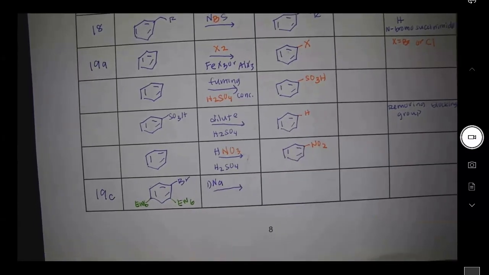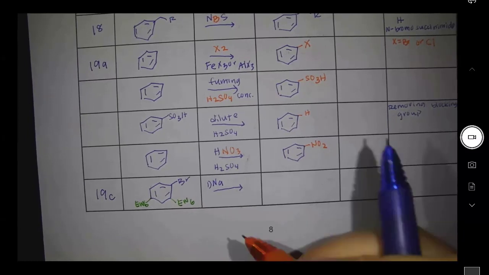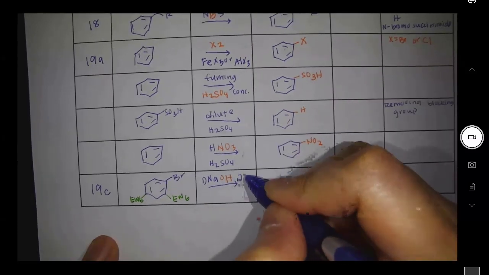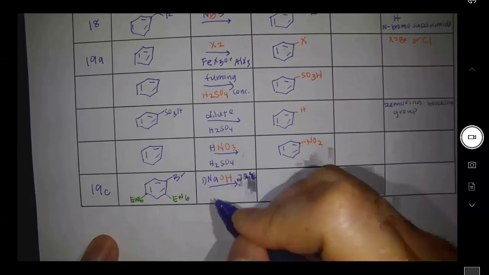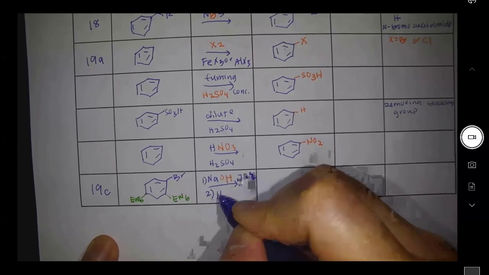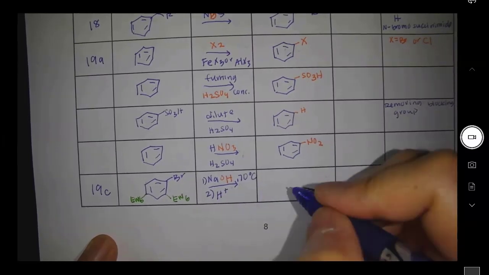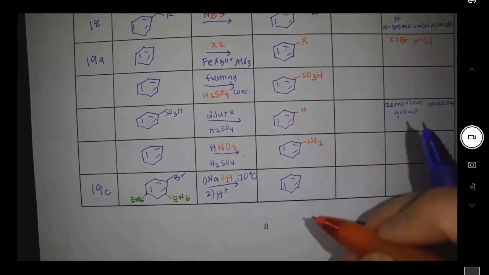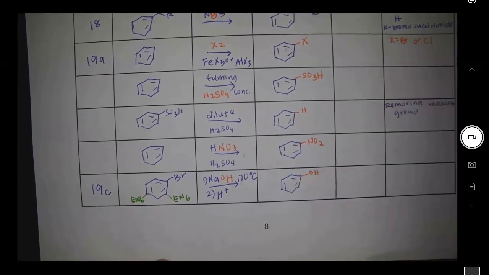And then you add to that sodium hydroxide. And that's heated at 70 degrees. And you follow that with some acid, and that will make phenol out of that Br.